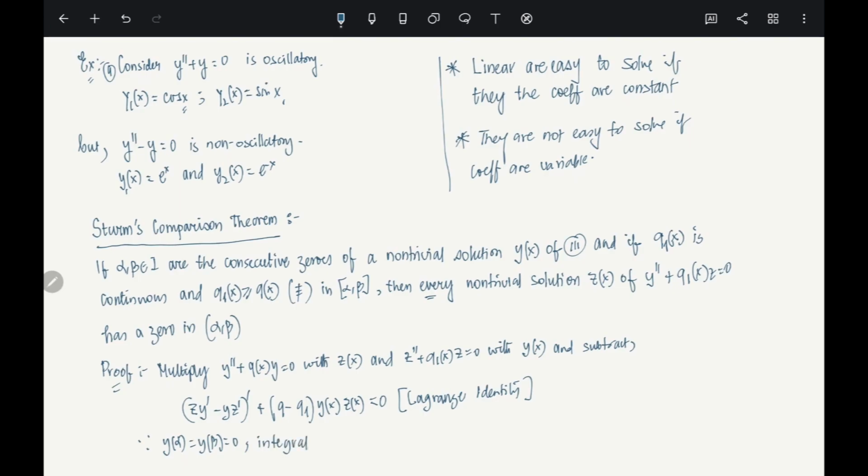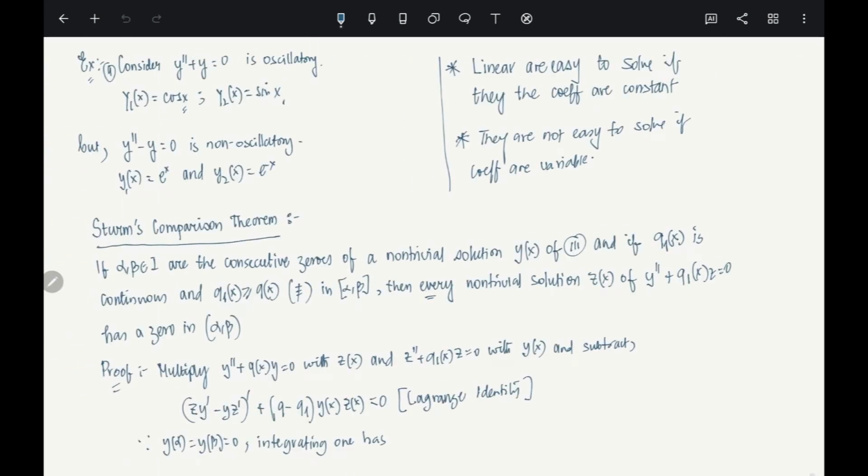Then integrating, what do you get? You integrate this thing, and you are going to get z(beta) y'(beta) minus z(alpha) y'(alpha). That is what remains, because y(alpha) and y(beta) are 0, so those terms are not there.